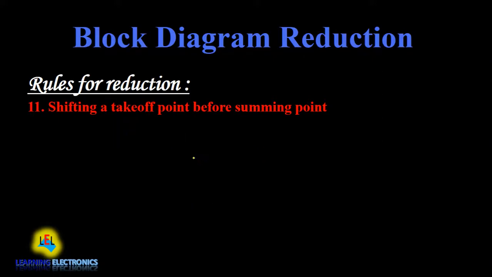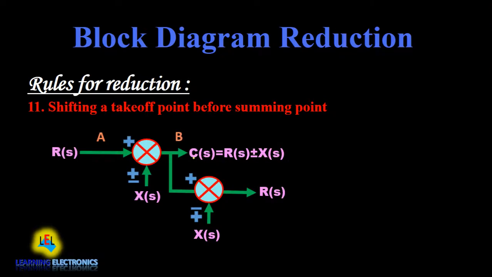So when we shift the takeoff point before the summing point here, we add one extra summing point, where minus plus X(s) is added, as you can see in the diagram.